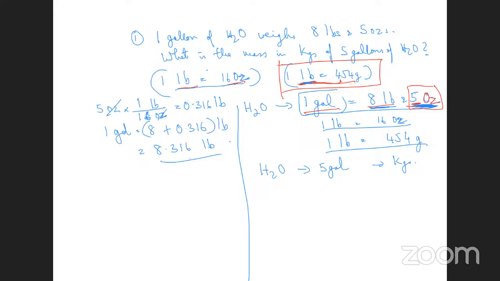Now the next step is to find out. Now we know the mass of 1 gallon in US customary terms in pounds. We have to convert the entire thing to kilograms. But do we have any conversion to kilograms? No. We have it into grams. So we convert it to grams, then grams to kilograms. Now in my previous video, I told you that you must remember this metric system.